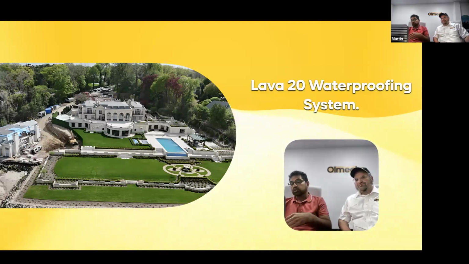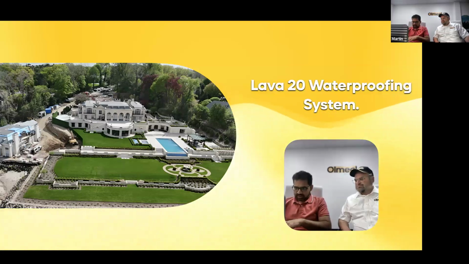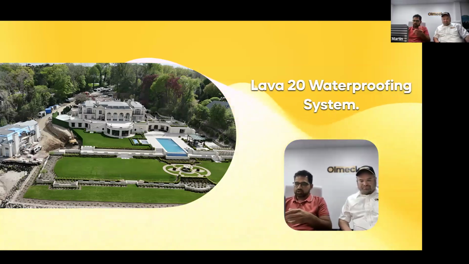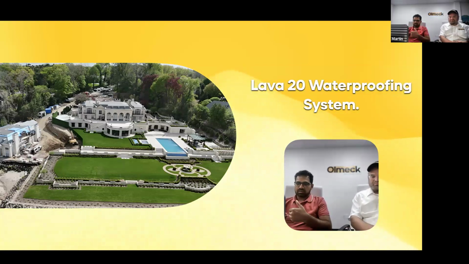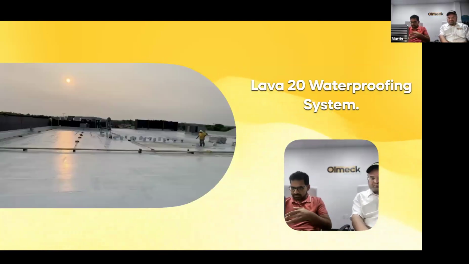And then we also have the vertical system, which Sal mentioned, which competes against Sika's polyurethane system, Kemper, and C-Plus. Our vertical system is very straightforward. It's basically primer, liquid, fleece, liquid, and that's pretty much it. And then we have our horizontal liquid system.